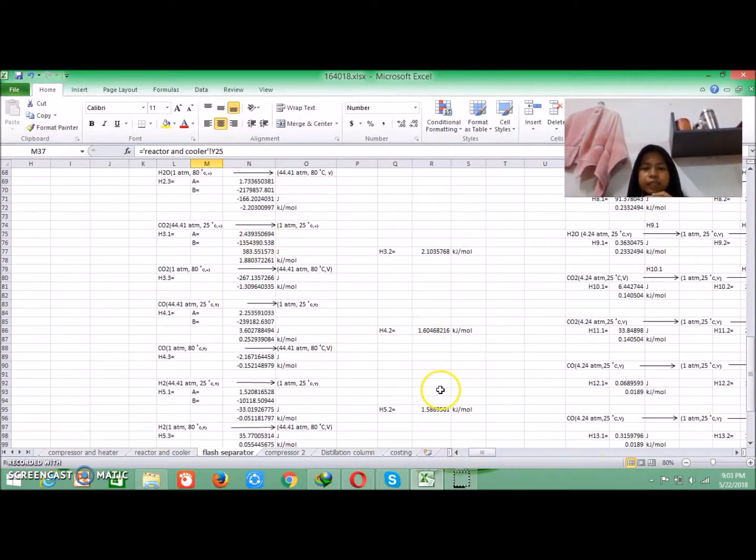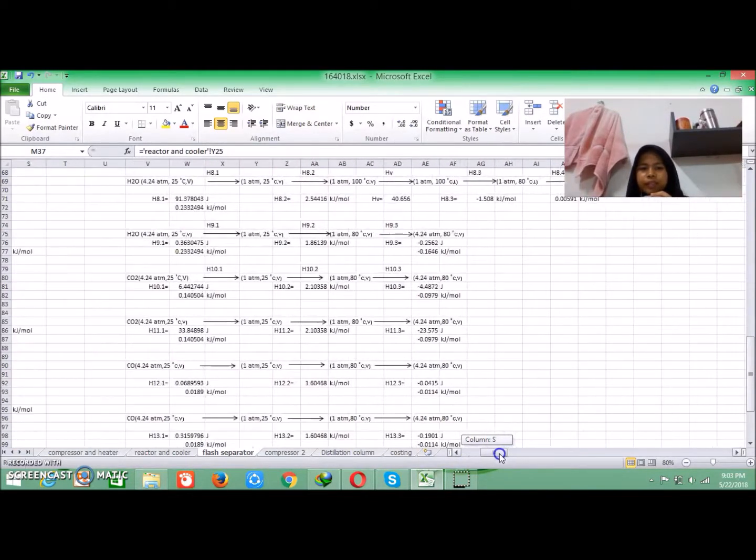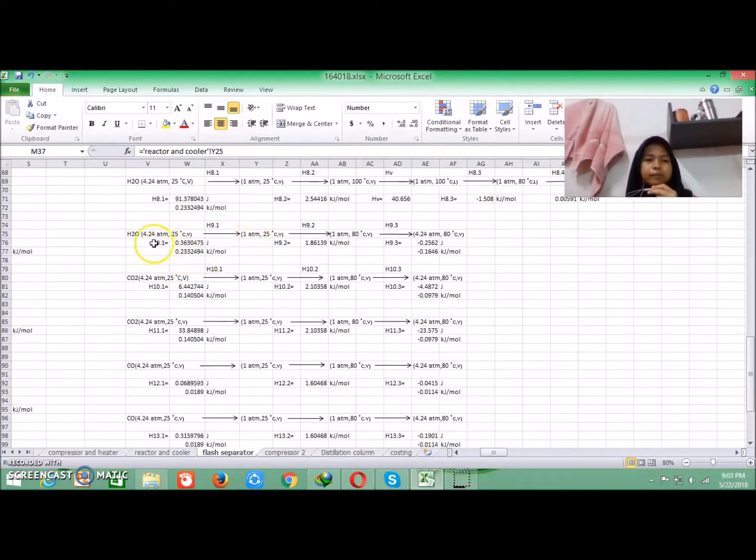Okay, this is for the inlet stream. For the outlet stream, this is the pathway. For example, the CO2 from 4.24 atm. I have to change it to 1 atm to ease the calculation.